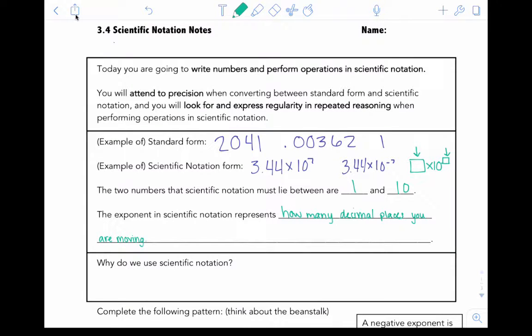So why do we use scientific notation? Why do we write it in this complicated way instead of just writing out the numbers in standard form? Well, especially in science, which is why it's called scientific notation, there's really big numbers and there's really, really small numbers. Well, you don't want to have to write those numbers out every time. I'm talking something like 4 trillion.